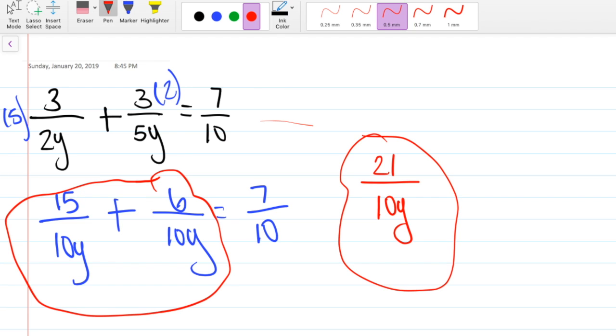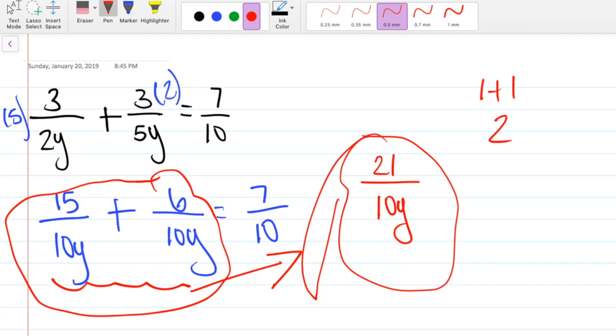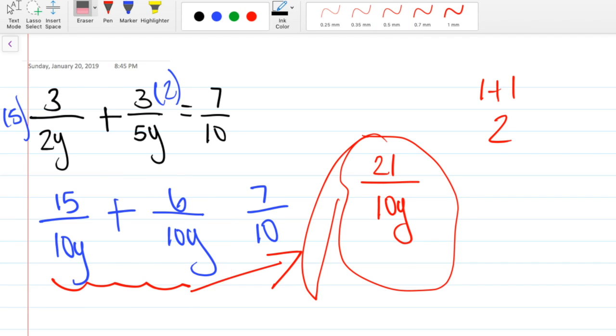Now, if you're wondering why I can do that, it's because if I have 1 plus 1, instead of writing 1 plus 1, I can just write 2, because these two right here are equal to this fraction right here. So that is why I'm going to replace these two with this one, just to make it a little simpler. Delete all this.